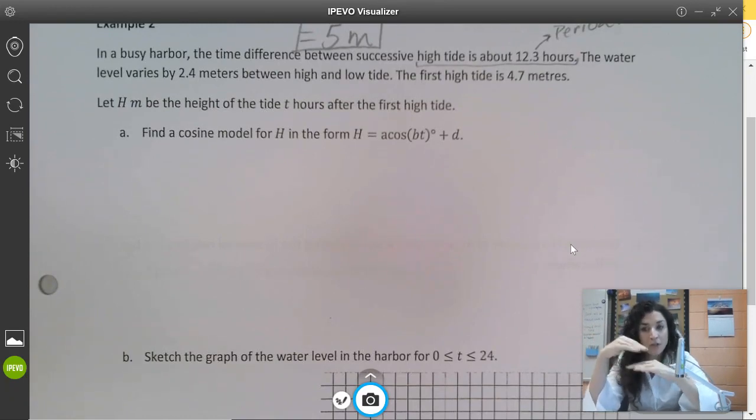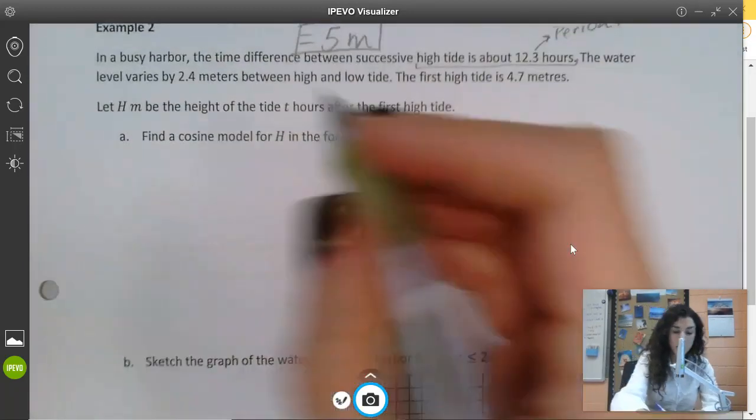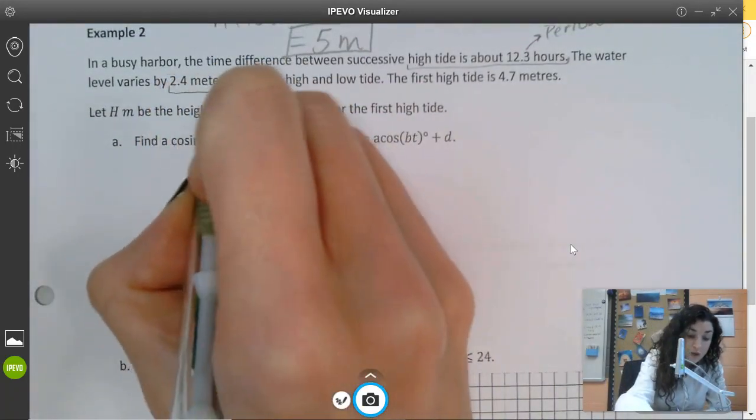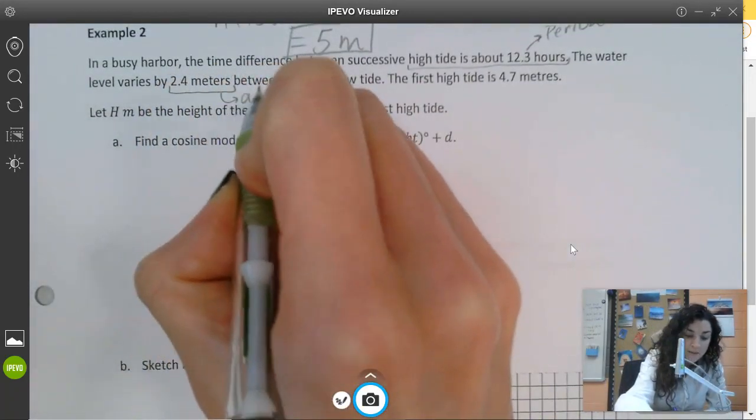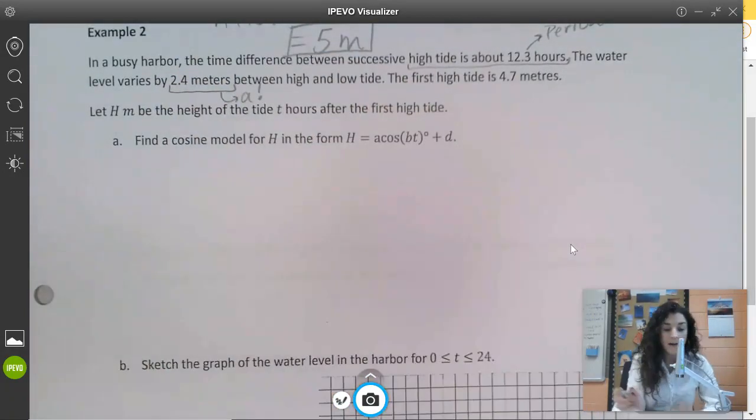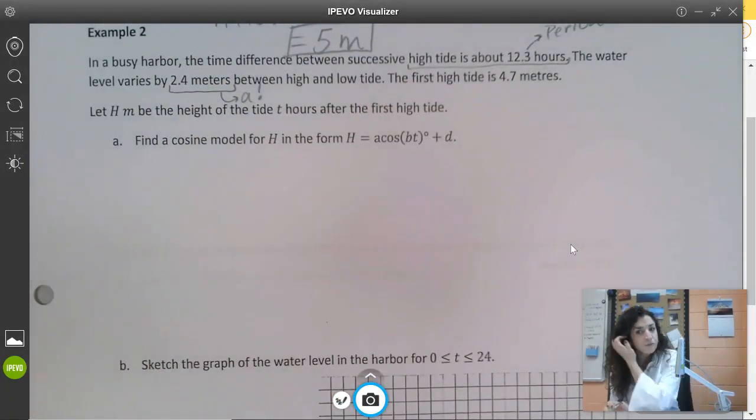Remember that your amplitude is not how tall your graph is from top to bottom. It's half of that height, the distance between your principal axis and the maximum, or your principal axis and the minimum. So you take 2.4 and divide it by 2, and that will give you your A.